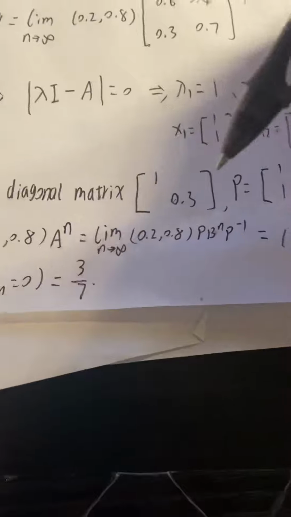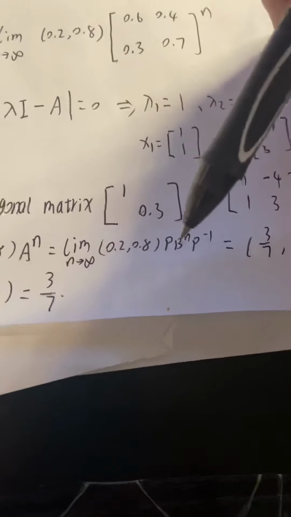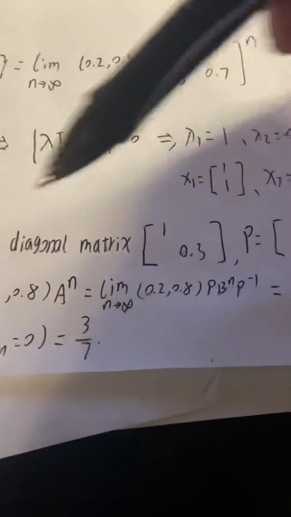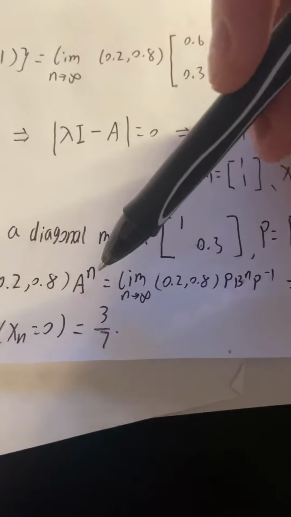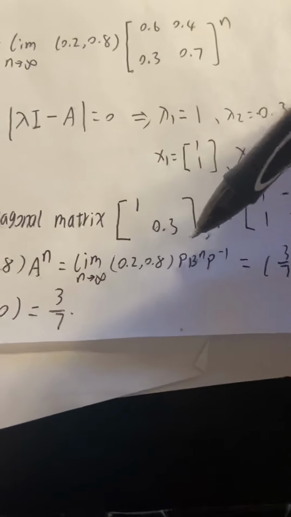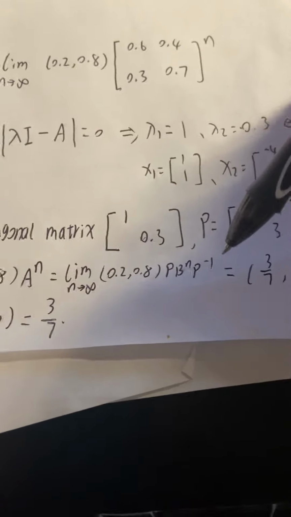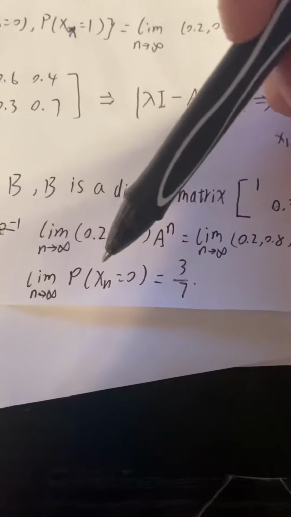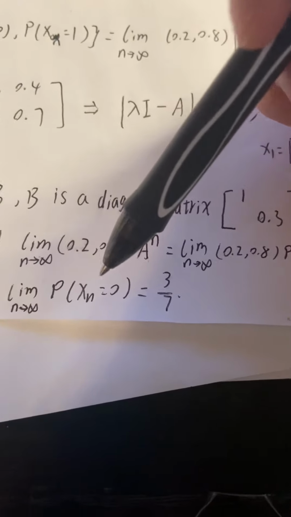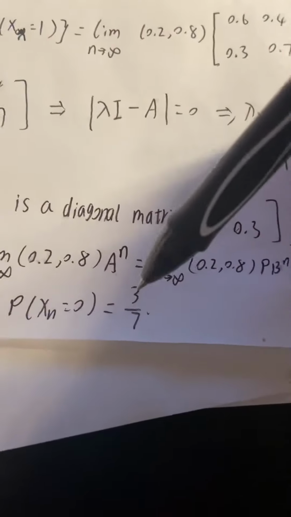And then we can compute the n power of B, and then the n power of A is P times B to the power of n times P inverse, and the result will be 3/7 and 4/7. So the probability of xn equals 0 when n approaches infinity will be 3/7.